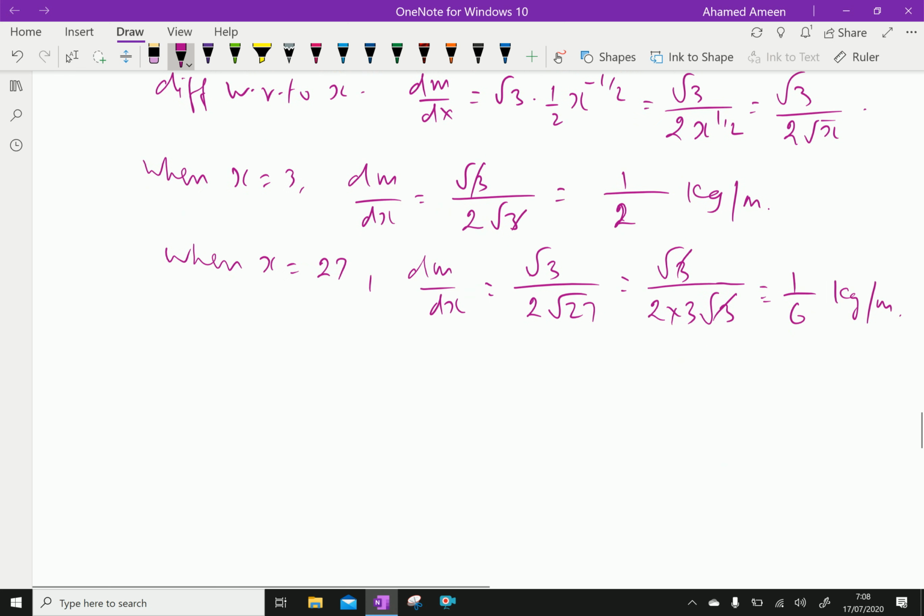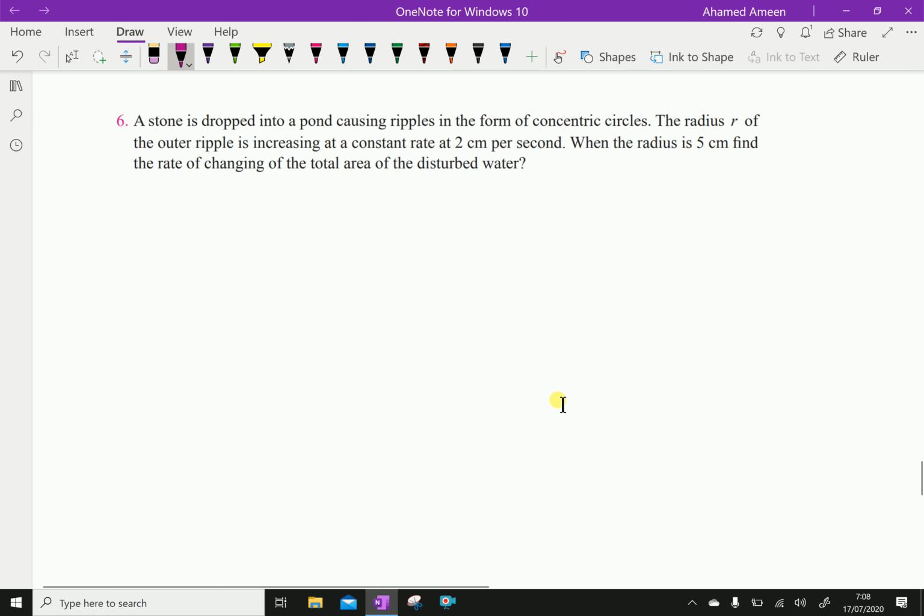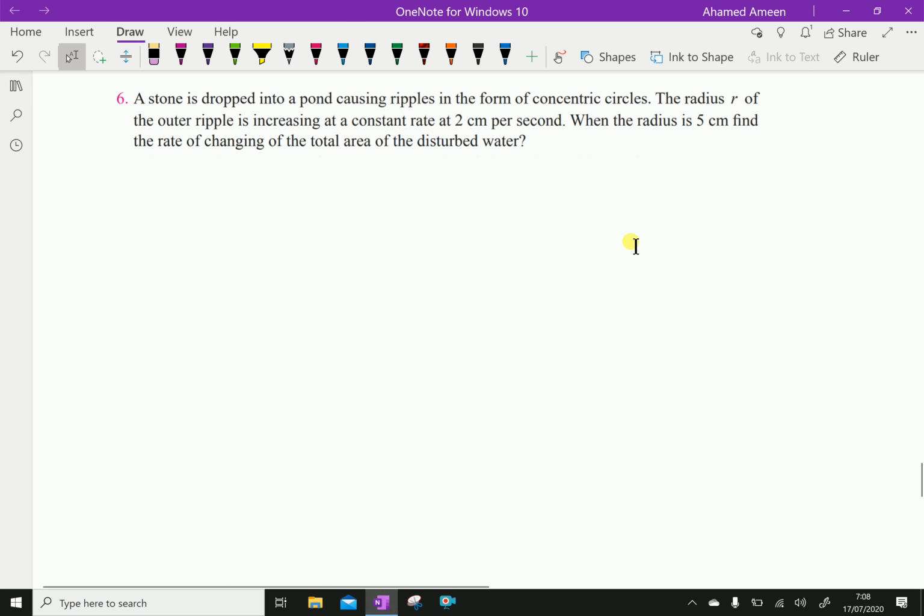Then question number 6. A stone is dropped into a pond causing ripples in the form of concentric circles. The radius r of the outer ripple is increasing at a constant rate of 2 centimeter per second. When the radius is 5 centimeter, find the rate of change of the total area of the disturbed water.